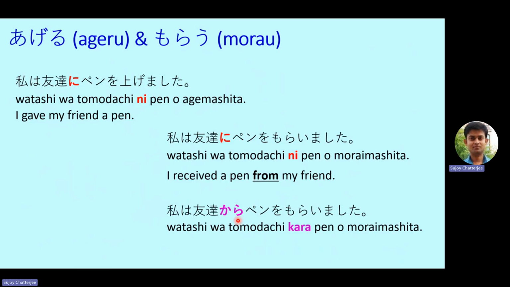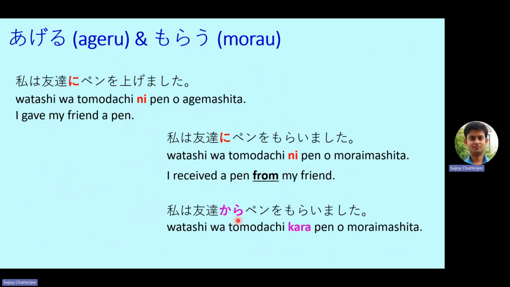So that is one from, and from Tokyo, Tokyo kara, that is from a place. And we also discussed kara when it is used to join the reason with the consequence. That means I did not go because of some sickness or because of some work. So shigoto kara ikimasen. That means I could not go due to work.